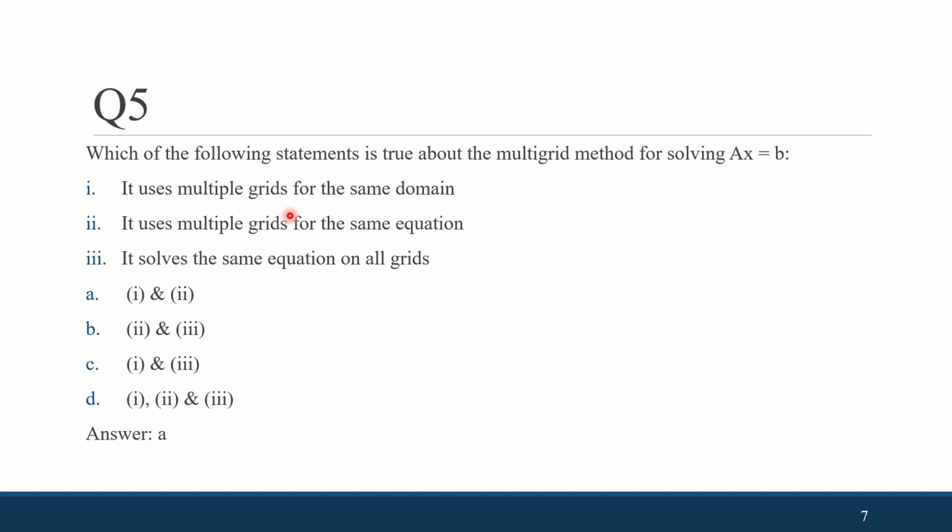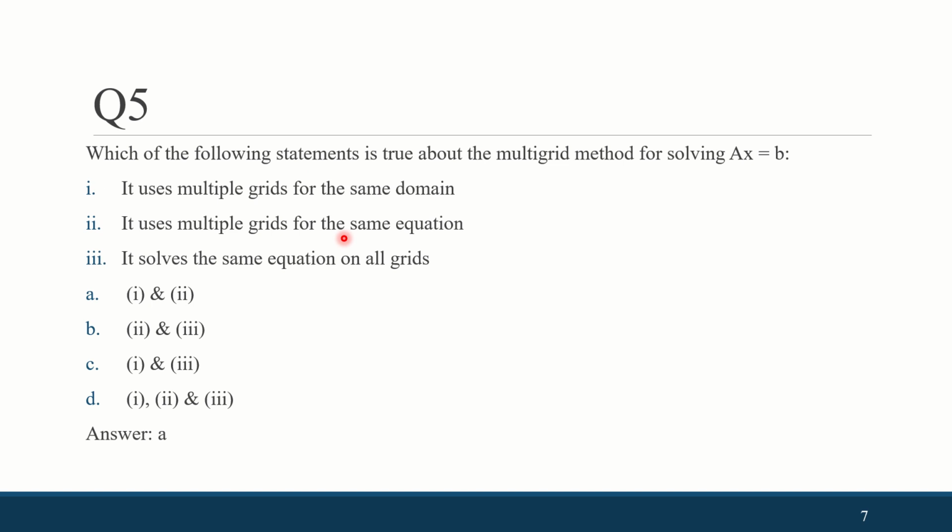Like, we'll start with the finest grid and we get one error and we coarsen the mesh and we get the error to be reduced. This process is repeated, as the grids are varying, and so our answer is that it uses multiple grids for the same domain and it uses multiple grids for the same equation.